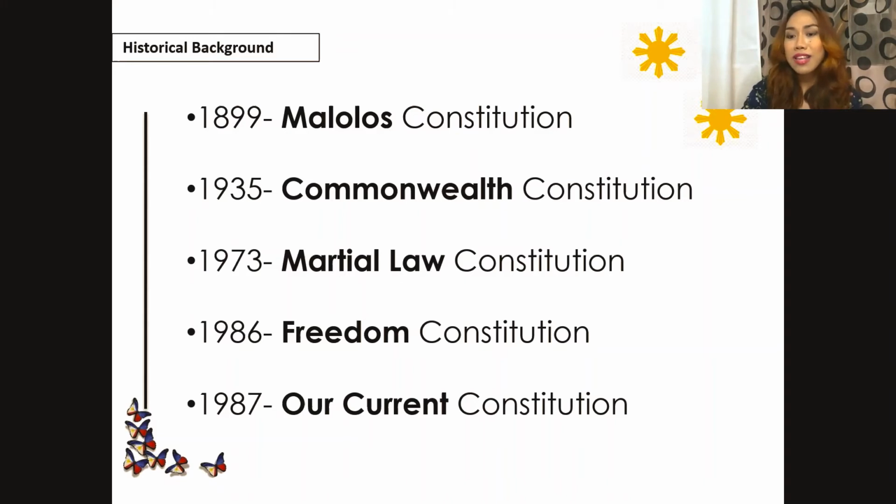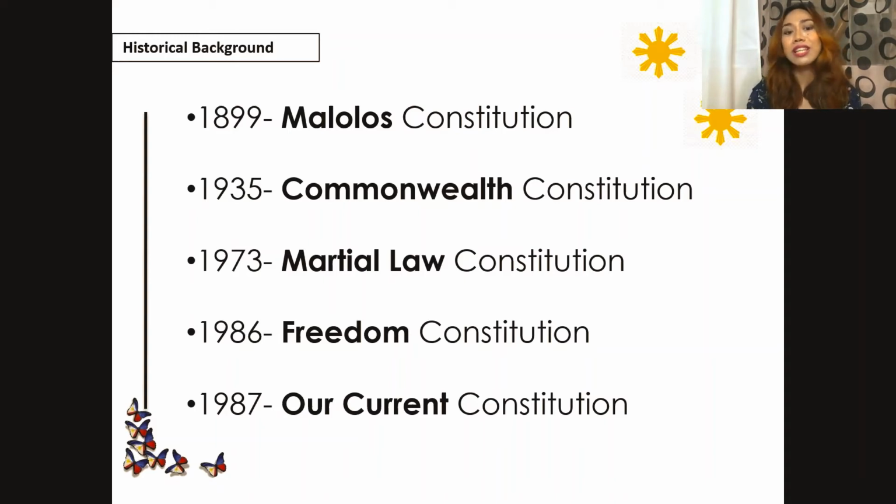And it was then President Corazon Aquino who rose to power and was seated as the president of the Philippines. Through the virtue of Proclamation Number 3, she was able to create the 1986 Freedom Constitution, which is an interim constitution because it was only used pending the approval of the 1987 Constitution.